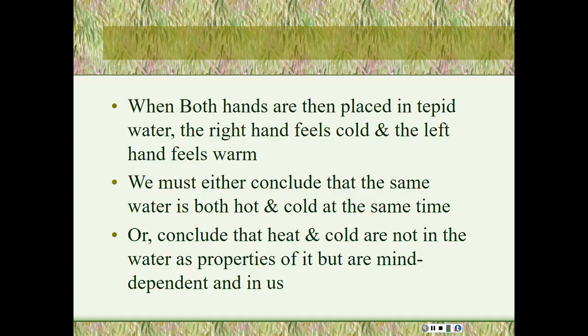So we have to either conclude that the same water is both hot and cold, and he says we don't want to conclude that a contradiction is true. So we conclude the alternative, and that's that heat and cold aren't in the water as properties, but are in the mind. And we saw with color perceptions, it's that way for Locke.